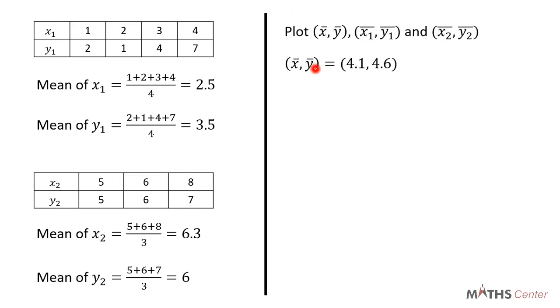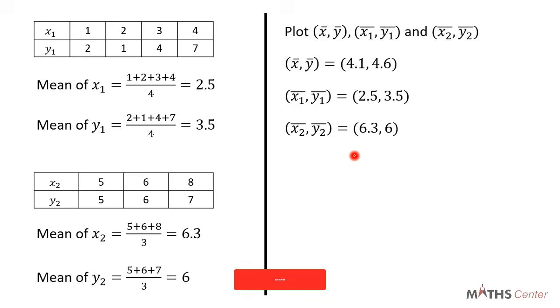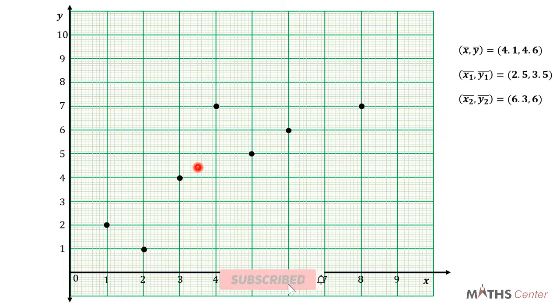Our x mean, y mean is 4.1, 4.6. x1 mean, y1 mean is 2.5, 3.5. And x2 mean, y2 mean is 6.3, 6. Let's plot these points on the scatter diagram. This is our scatter diagram. The first point, which is the x mean, y mean, is 4.1, 4.6.